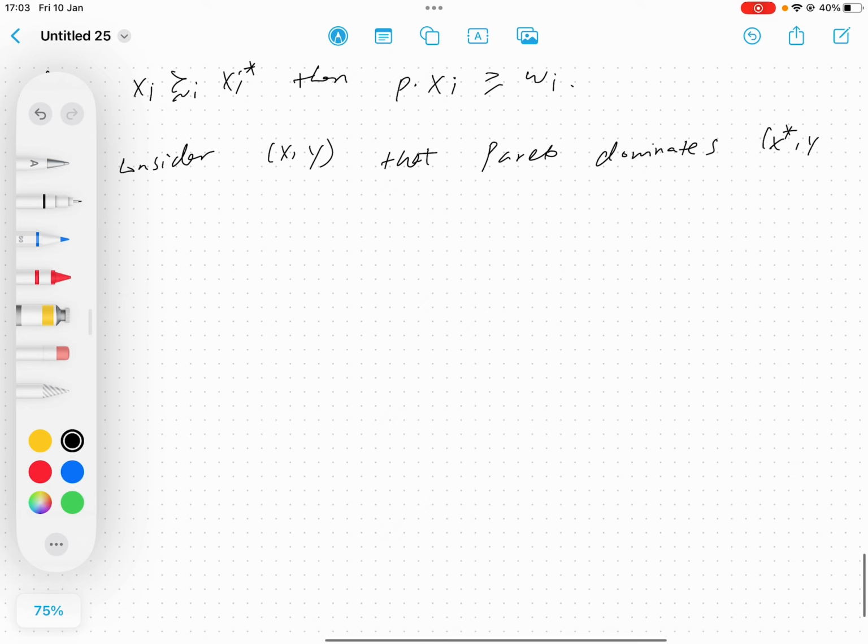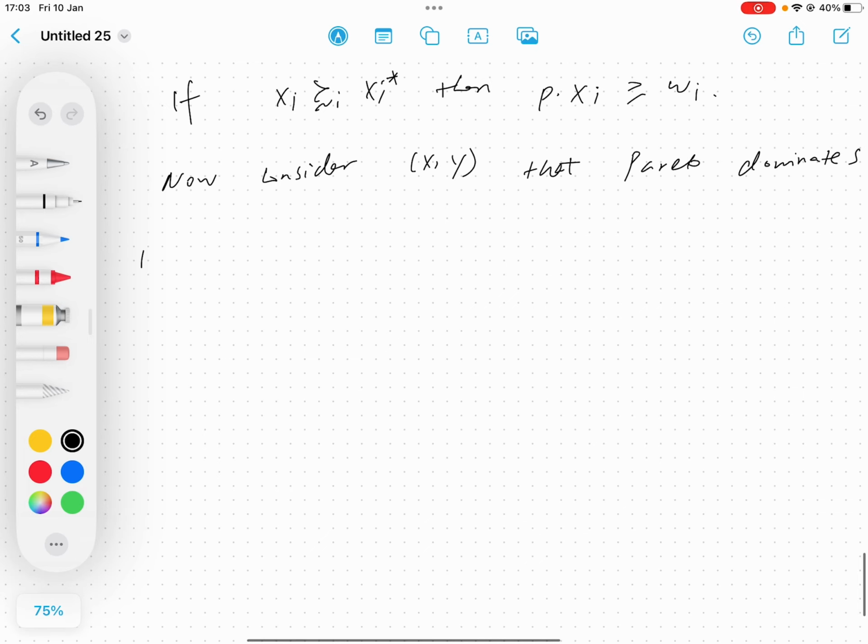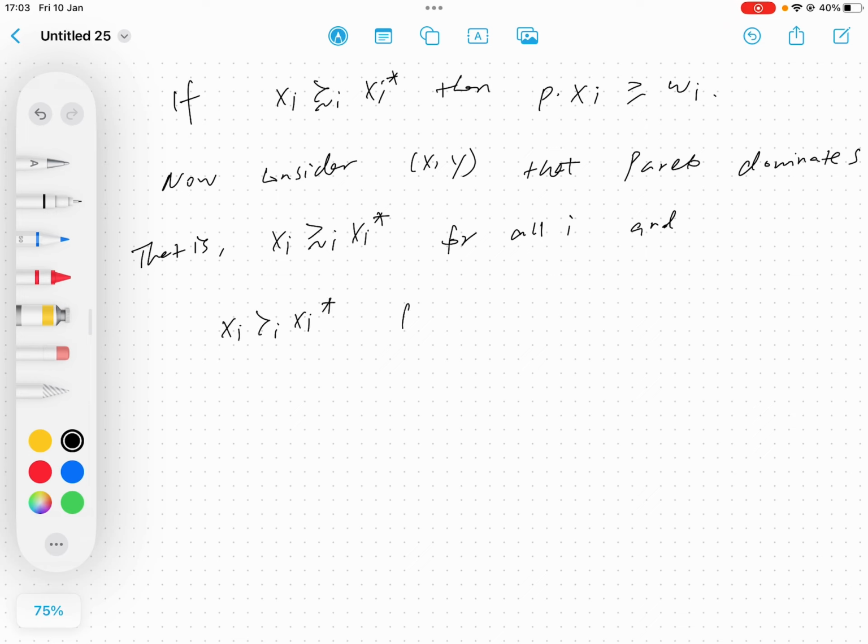We're going to use a contradiction. Suppose xi is weakly preferred to xi star for all i, and xi is strictly preferred to xi star for some i, by the definition of Pareto dominance.